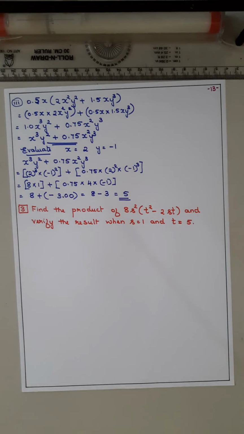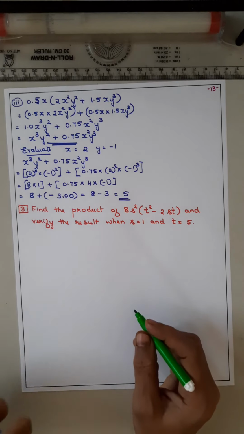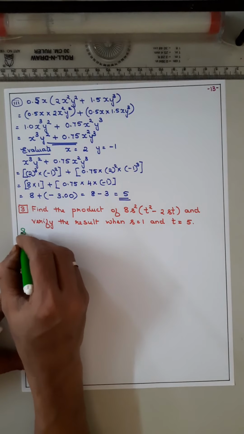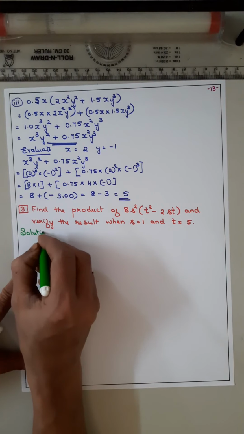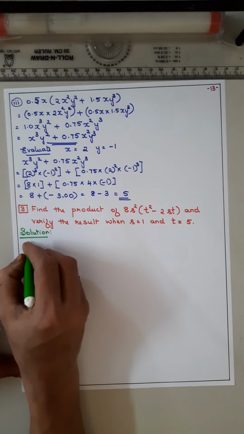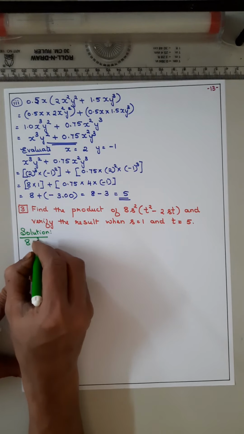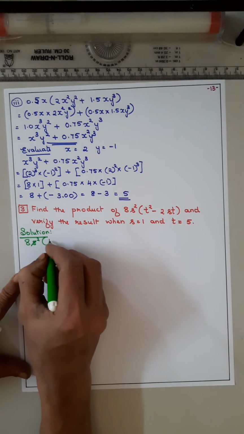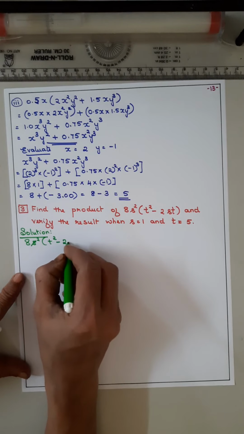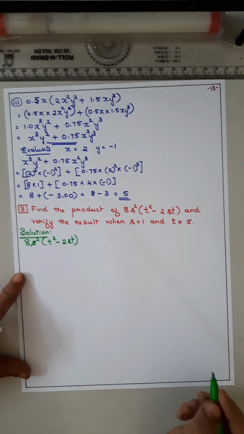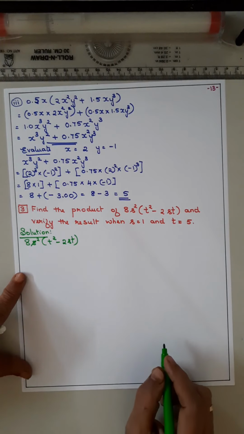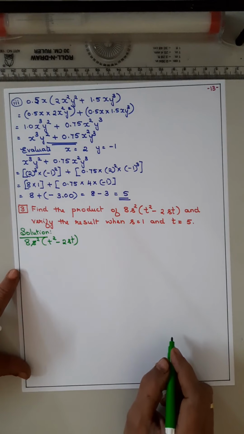Now coming to the third question, it is find the product of 8s squared. Okay, we have to write the question now. Solution: 8s squared bracket t squared minus 2st and verify the result. Verification LHS, RHS.